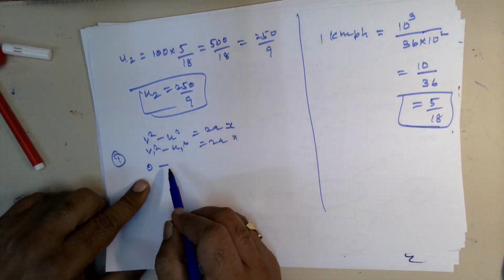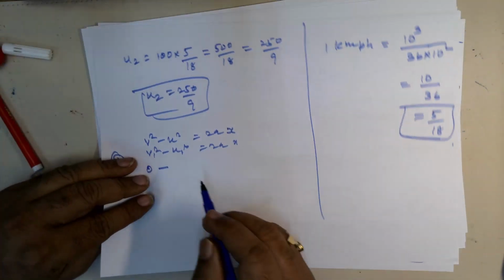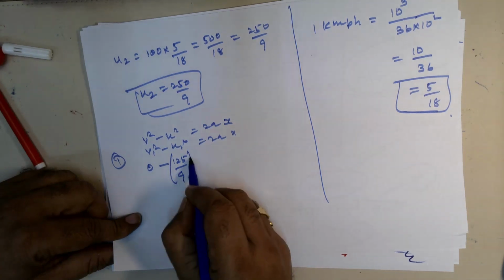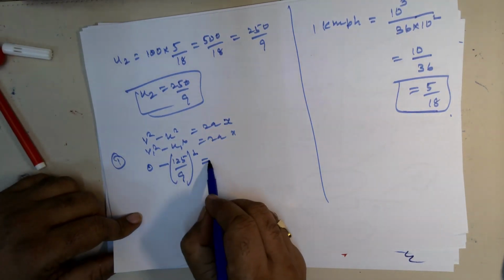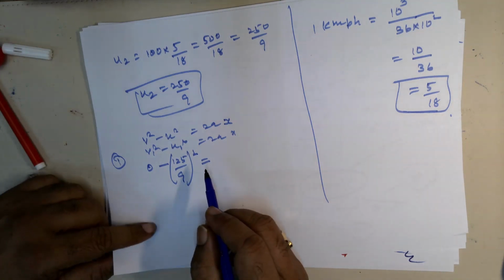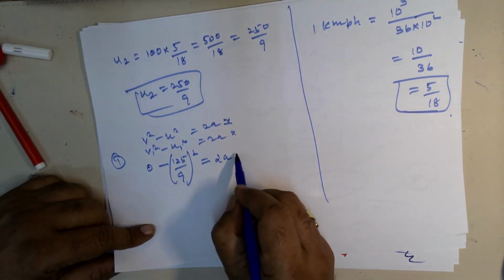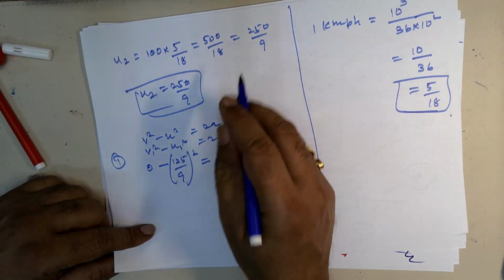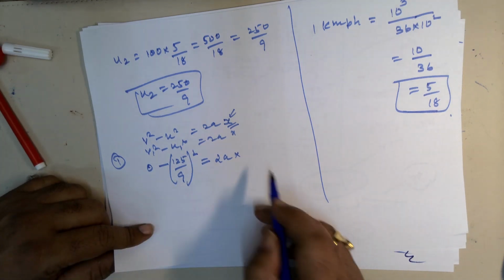Tell me, 0 minus, what is the first one? 125. So 125 divided by 9, the whole square, right? Okay, that is equal to 2 into A into that X, that is the DS. Okay, for the first one.